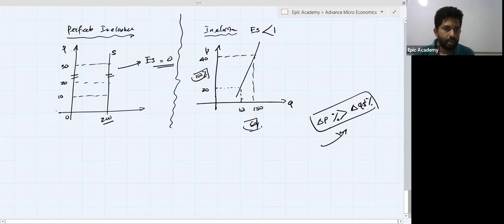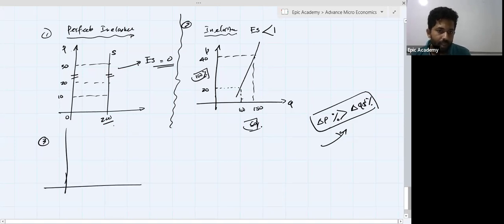Okay. Right. I'm going to speed up because we already discussed all those things. Third one is unitary. Unitary means unitary elastic. At that time, the elasticity coefficient is always equal to 1. Okay. The curve starts from the 0 point at 45 degrees.